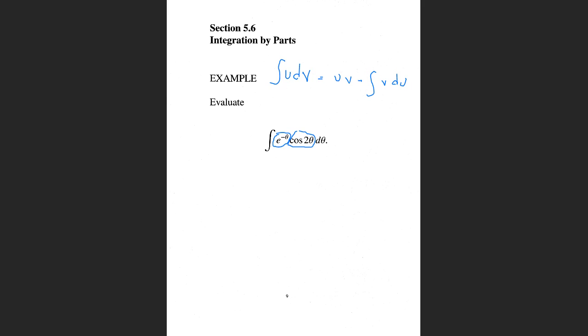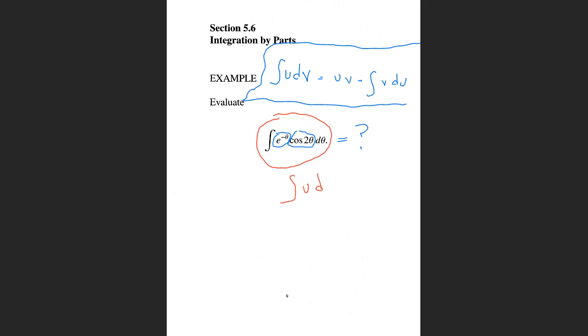Okay, that's the formula for integration by parts. And so we want to know what this integral is going to be. What's the antiderivative going to be? On the left here, we're starting out with the integral of u dv.